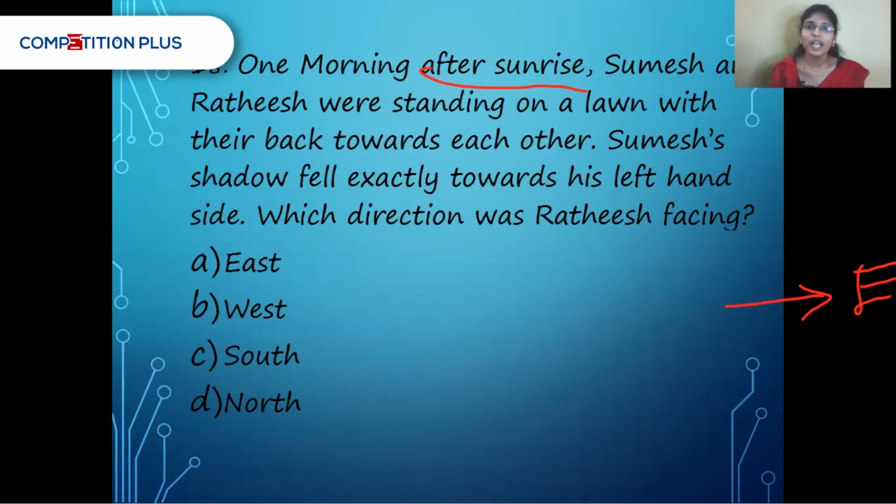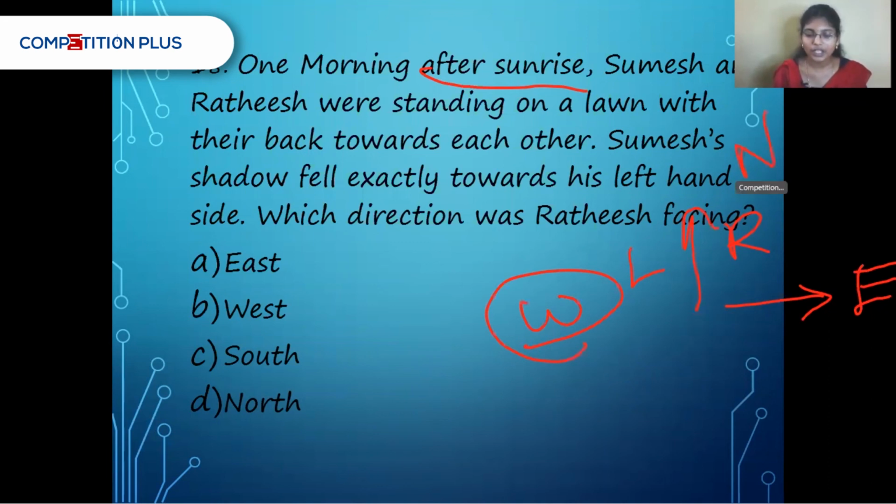Now Sumesh's shadow fell exactly towards his left hand. In the daytime the shadow always forms in the west. So Sumesh's left is west, which means his right is east. If a person's right and left are east and west respectively, the person is facing north.